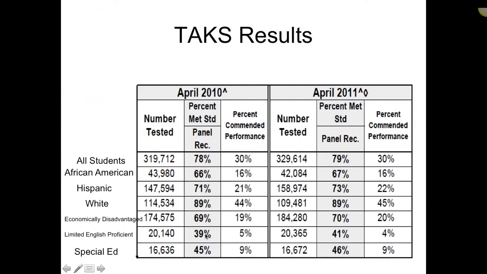All students increased, but you need to take care of some specific groups. Like white, still we need to improve, but you need to also pay attention to economically disadvantaged and also limited English proficient. Because they are good, but because of English, they couldn't show their skills and knowledge.